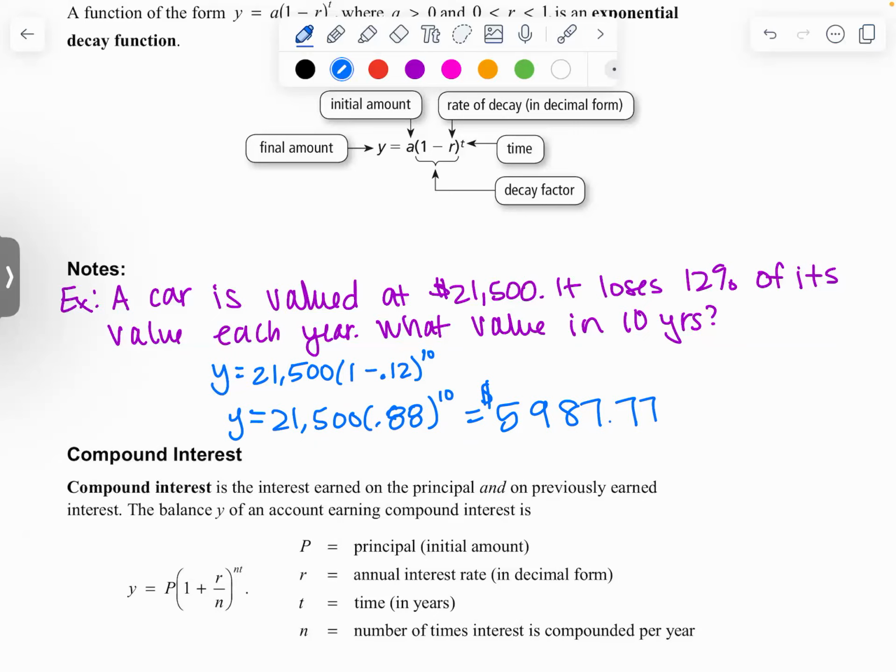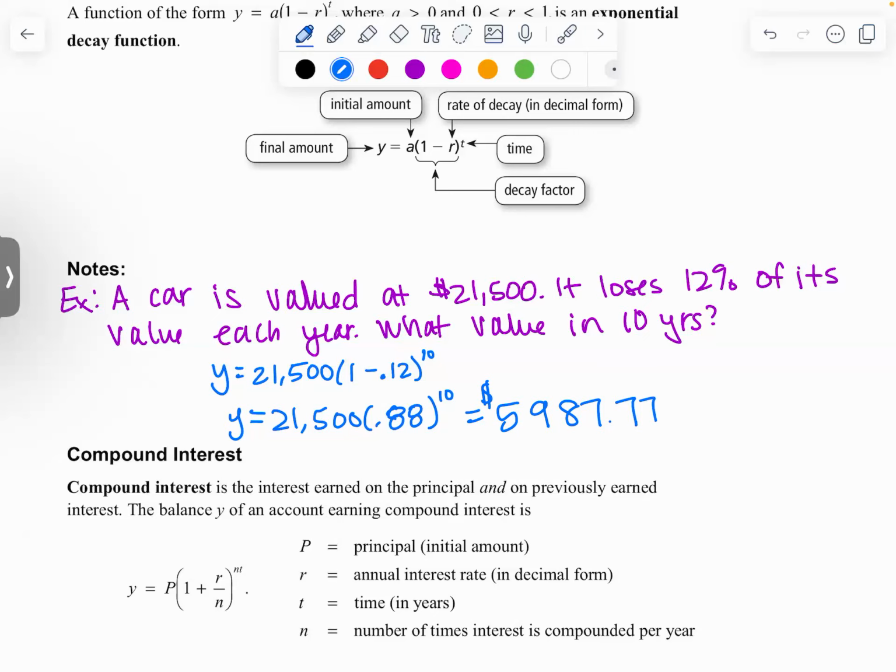Now hit the multiply button and type in 21500. I got 5,988. But there's change. It's money, so we can do the decimal.